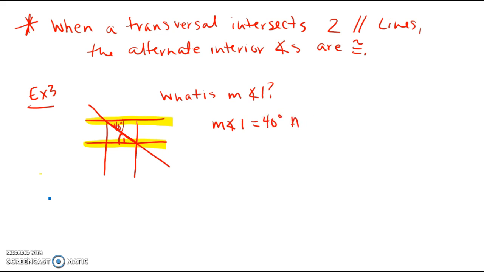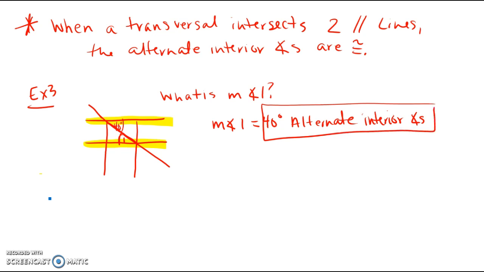And that, again, is by alternate interior angles. That is what you write on your paper. Because yes, it's not hard to notice that that is 40 degrees. But the work that we show is that we put our answer and why that is our answer. Was it corresponding angles or alternate interior angles?